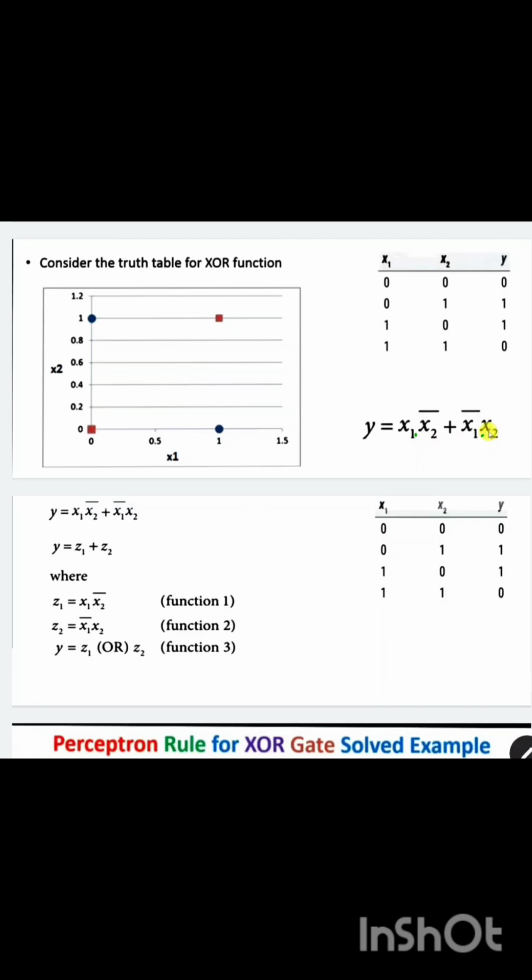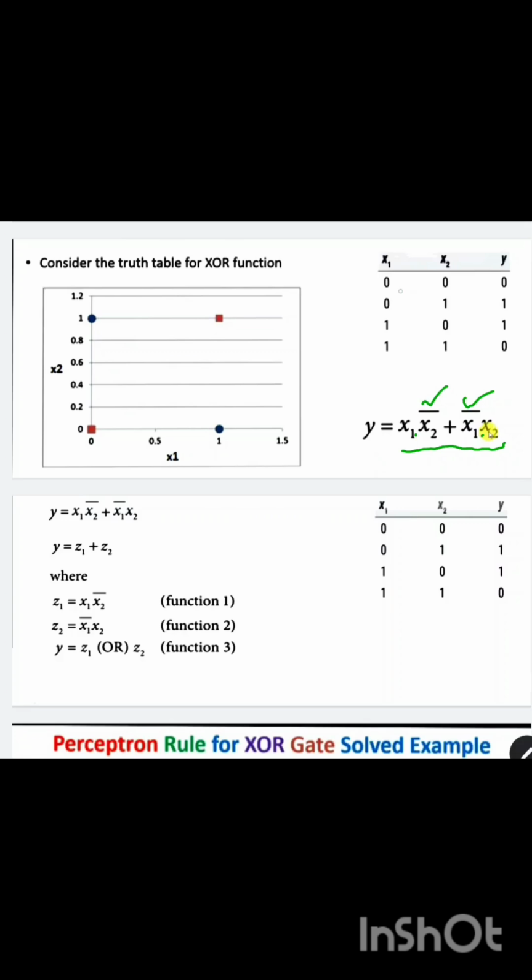This is how it is performed. So when we find x1 into x2 bar plus x1 bar into x2, we get the value of y, where bar means the complement. Complement means when x1 is 0, x1 bar will be 1. When x1 is 1, x1 bar will be 0. So the value will reverse.